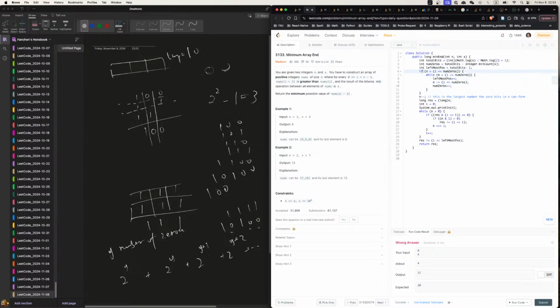Right, because if n is smaller or equal to, you directly do this. That's fine. If n is larger than, then you have to do this. N minus equal to 1 left shift num zeros. Do that first, right? And that is your starting point.